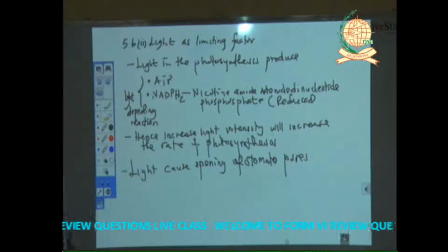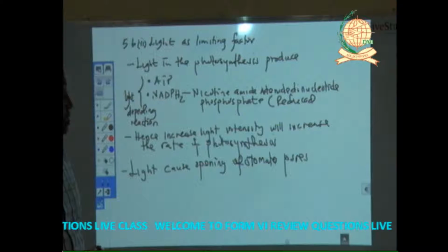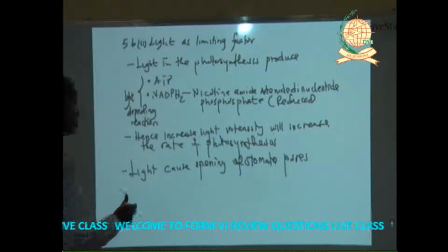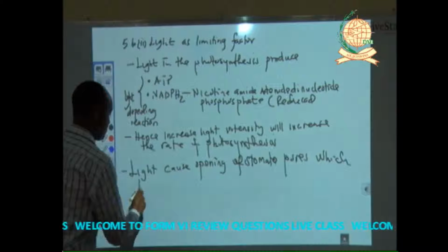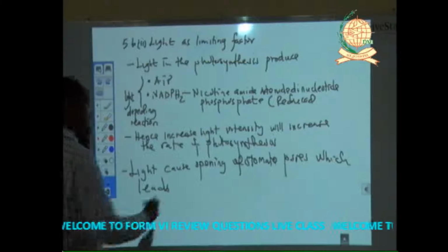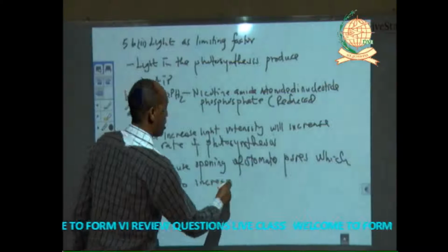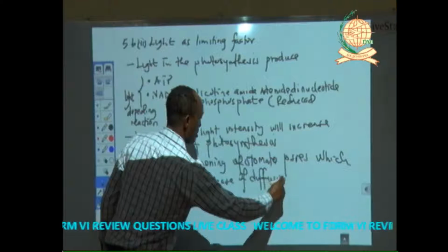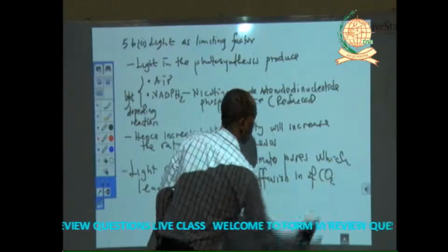If the stomata are open, there is diffusion of carbon dioxide, which is required in the dark reaction of photosynthesis, which leads to an increase of diffusion in of carbon dioxide.